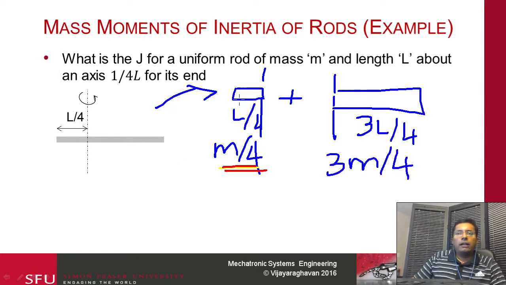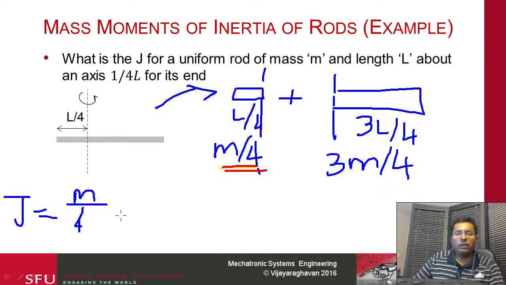So again, I can calculate the J for each of these and then do the total. So my J becomes J for this guy, which is basically M over 4. Sorry, it's going to be 1/3. It's going to be 1/3 ML squared, but this M needs to be here.